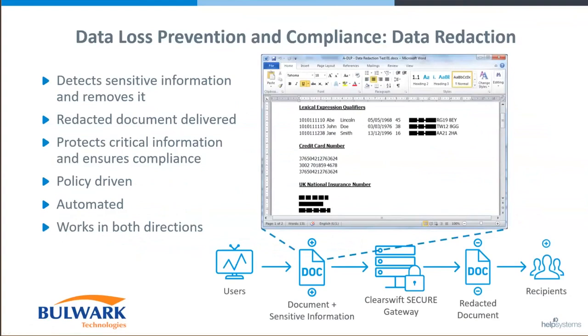So let's go through and have a look at some of the features that we have. Now, remember, these do work alongside our more standard stop and block and encryption functionality. One of the things we introduced was data redaction.